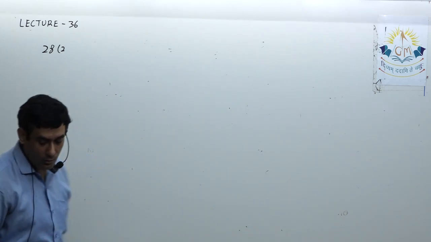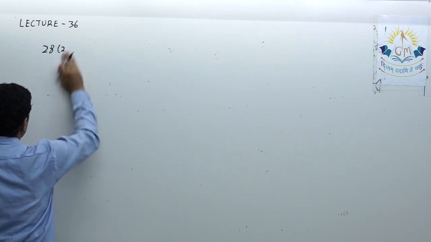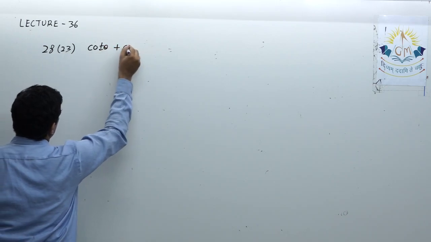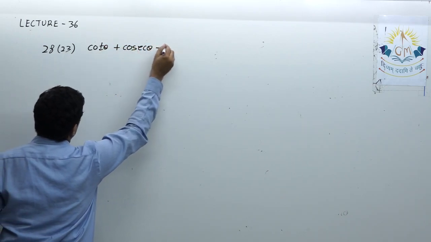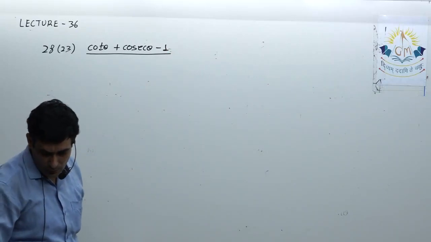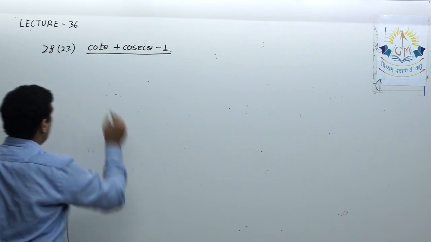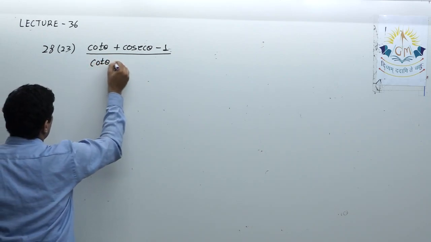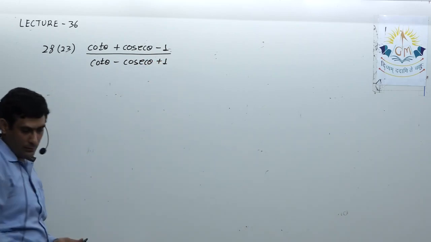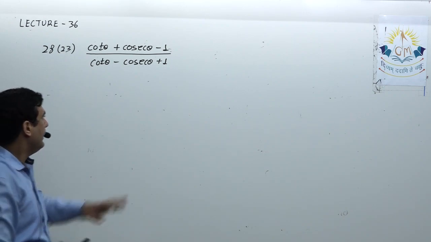The question is (cot theta plus cosec theta minus 1) upon (cot theta minus cosec theta plus 1). So think for a while how you solve this.